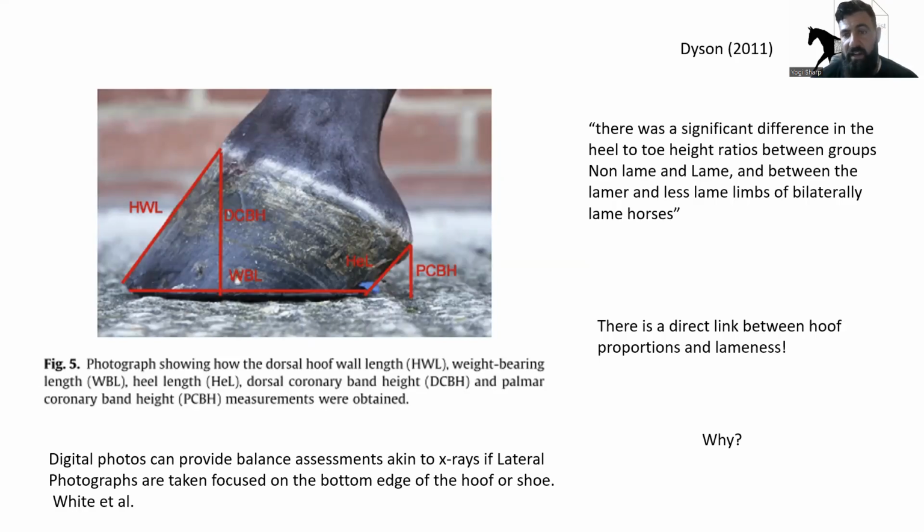So there is a direct link between hoof proportions and lameness. In order to keep our horses from being lame, or to work out how to treat them if they are lame and it's associated with the foot, we need to be able to make measurements.